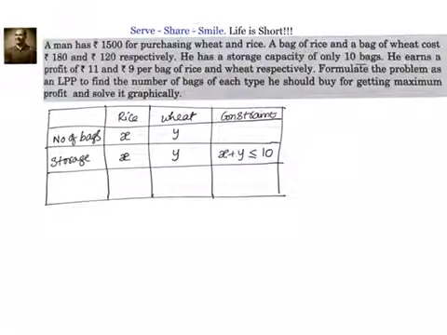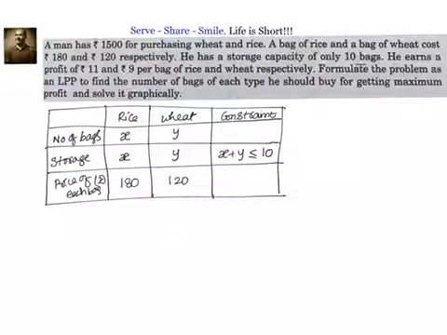Then what is the other constraint we have? The other constraint is with respect to the purchase. So we have the total amount purchasing constraint. So let's write down now the price of each bag. We know that rice is 180 rupees and wheat is 120 rupees.